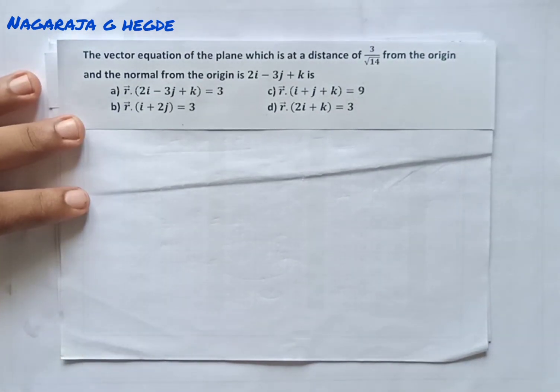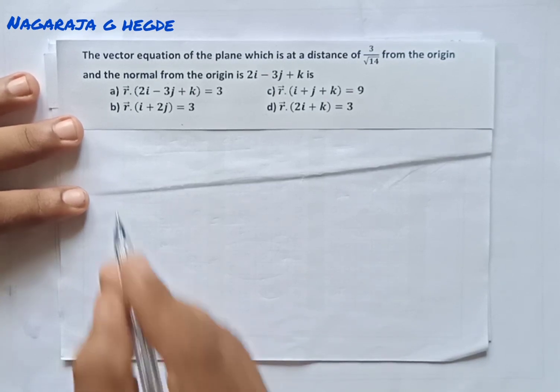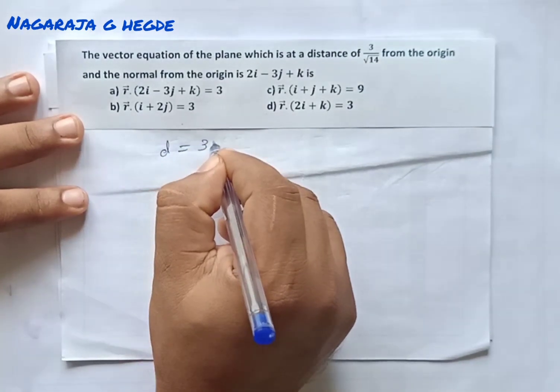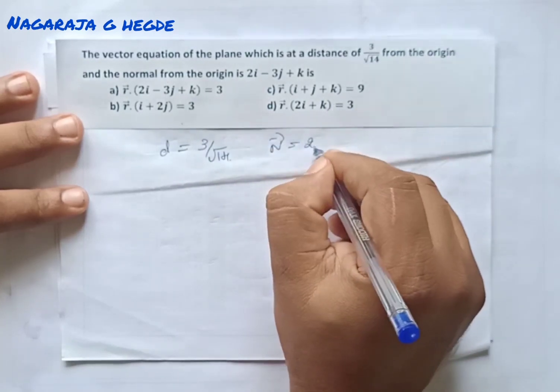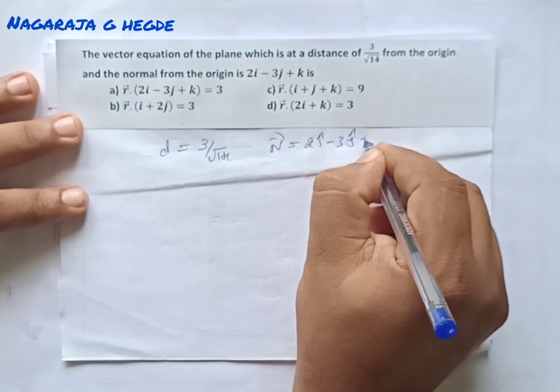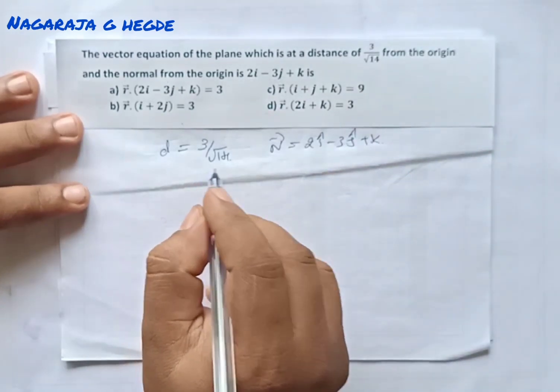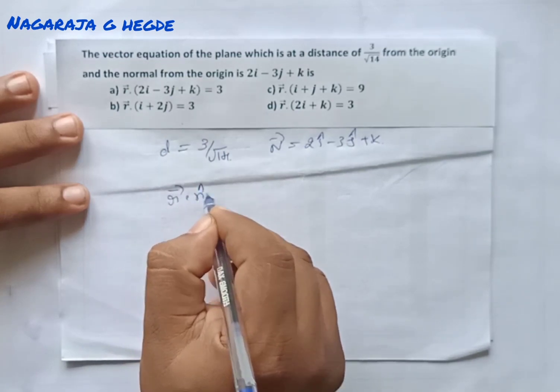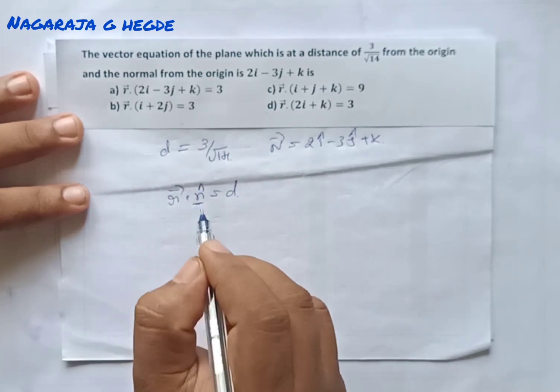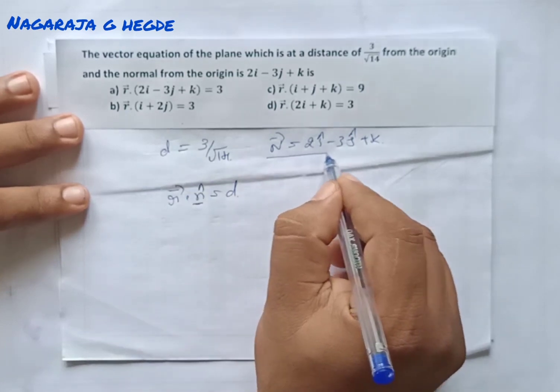The vector equation of the plane which is at a distance of 3 by root 14 from the origin and normal from the origin is 2i cap minus 3j cap plus k cap. Direct answer: the distance from the origin to the plane is 3 by root 14 and the normal vector is 2i cap minus 3j cap plus k cap. Equation of the plane, if the distance from the origin is given, is r dot n cap equal to d, where n cap is the unit normal, but here it is given as a normal vector.